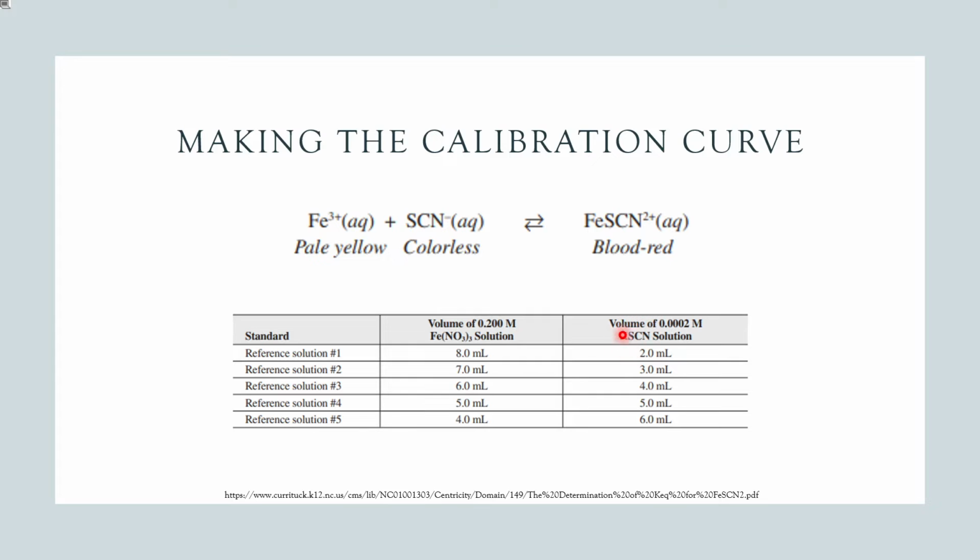And even though some of the thiocyanate ions will end up consuming some of the iron ions, what we should find is that because of the difference in concentration, a negligible amount of iron will be consumed, meaning that whatever the concentration of iron was at the beginning, before this equilibrium process went through, we can sort of assume that the concentration of iron will remain constant, meaning that we can take an absorbance of whatever's going on up here, as well as still have a rough idea of what the concentration of the iron in the solution is, because we already know its starting concentration.